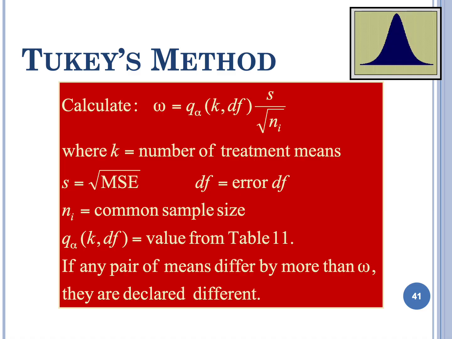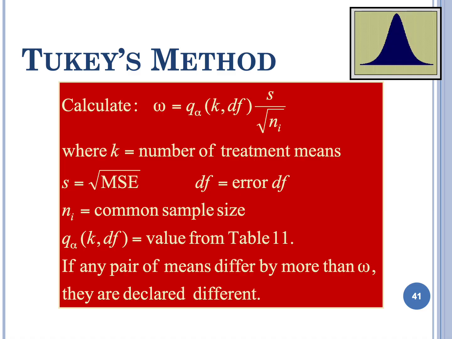This critical value will be checked using table 11 in our textbook. Table 11 gives the critical values for the studentized range distribution.